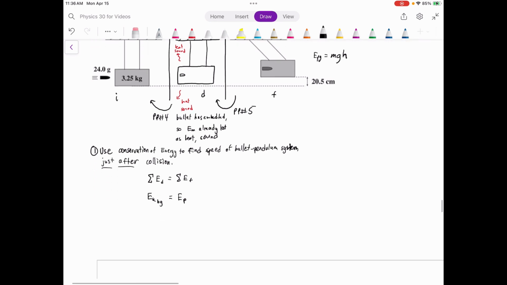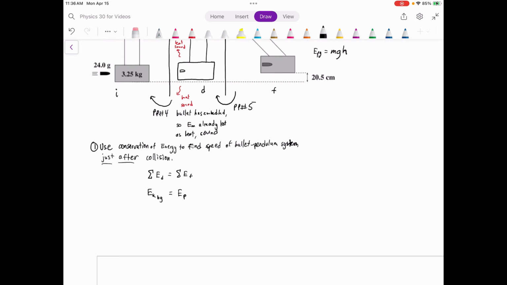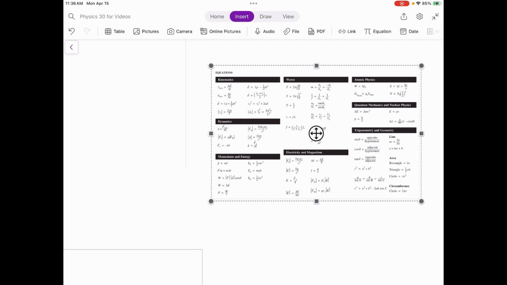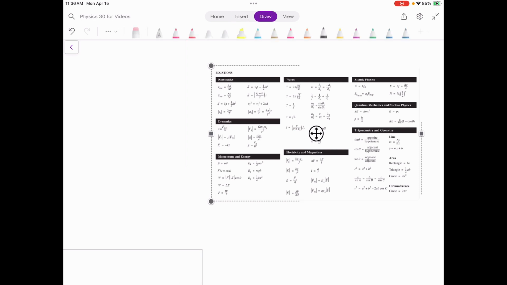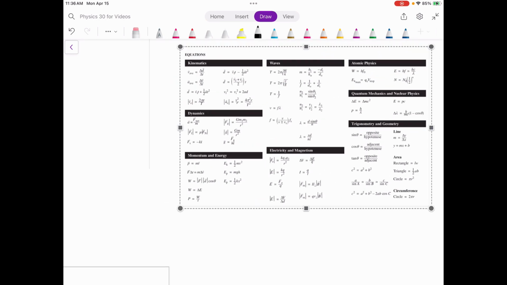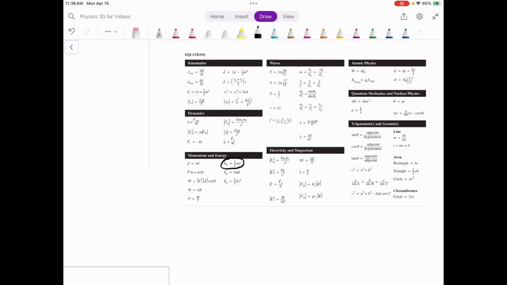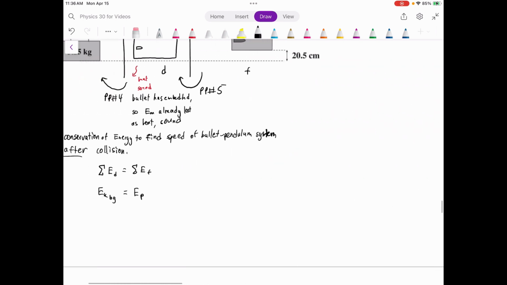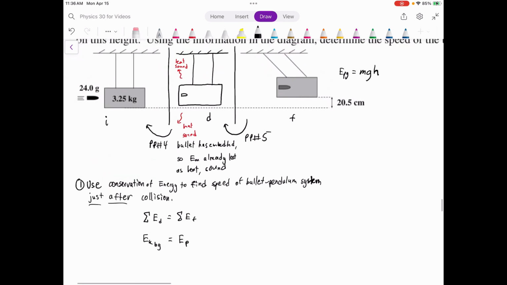so EP, okay? And then if you go to your formula sheet, if you remind yourself of the equations you know and love from Physics 20 for momentum and energy, we know kinetic energy is mv squared over 2, and gravitational potential energy is mass times acceleration due to gravity times height, okay? So what kinetic energy do we have in the beginning?